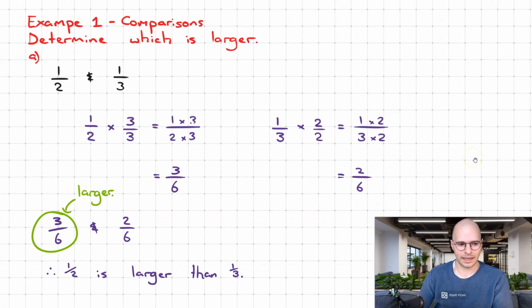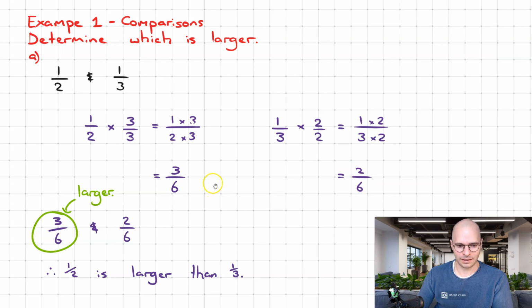The method being, we gather our two fractions. We start with one fraction and then we multiply the numerator and denominator by the denominator of the second fraction. This gives us an equivalent fraction represented with a denominator that will be common across both of the fractions here. In this instance, it was 3 on 6 and 2 on 6.